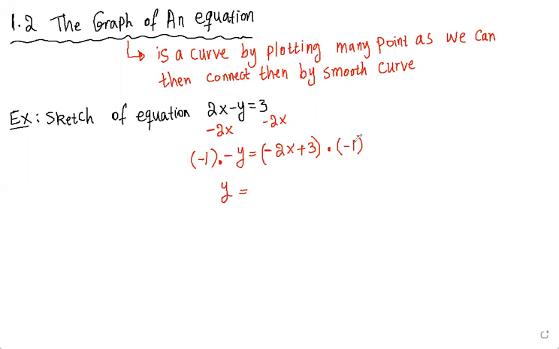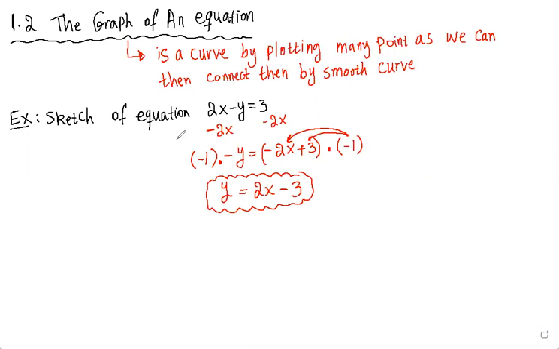This is what I need. Now the minus 1 here, we distribute it inside the parentheses for the first term and for the second term. So minus 2x times minus 1 is 2x positive, and plus 3 times minus 1 is minus 3. So now we have solved the equation in terms of y. This is the first step.